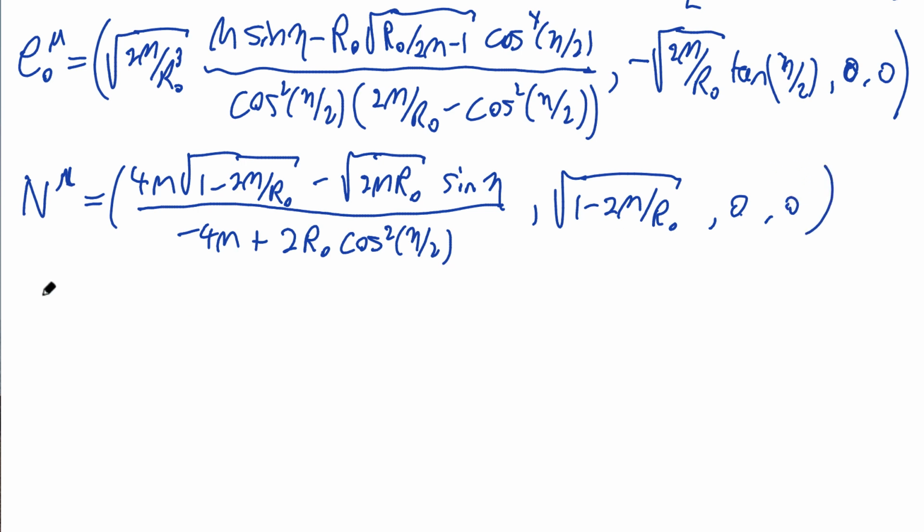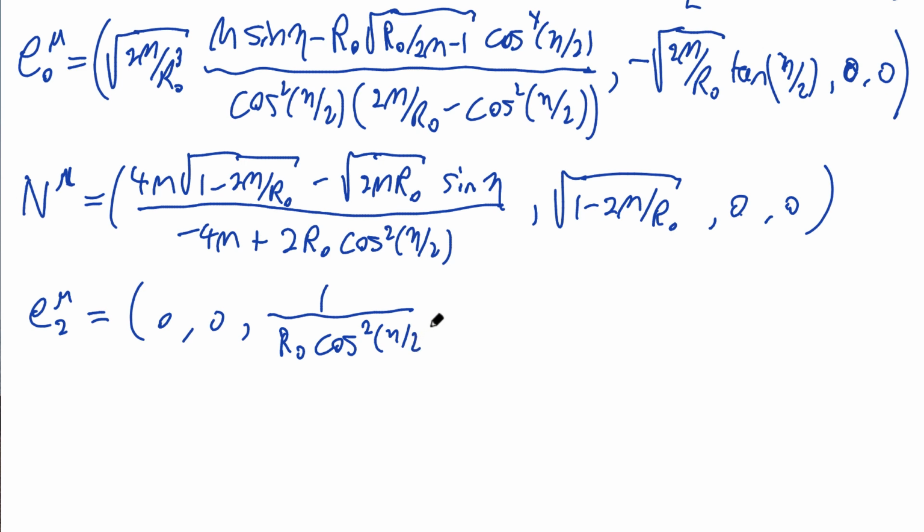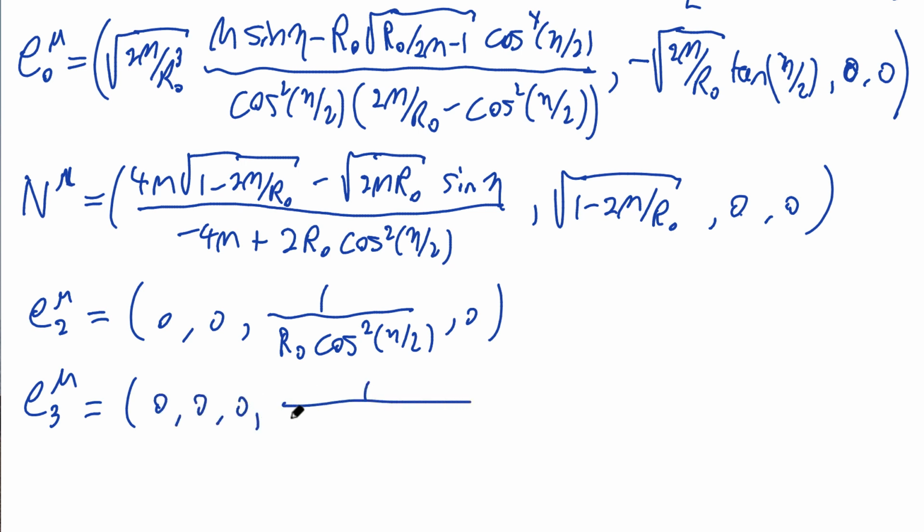And now it's easy to construct the remaining two basis vectors. This is the basis vector that points along the d by d theta direction. It's 0, 0, 1 over r naught cosine squared of eta over 2, 0, and E3 is 0, 0, 0, 1 divided by r naught cosine squared of eta over 2 times sine of theta.